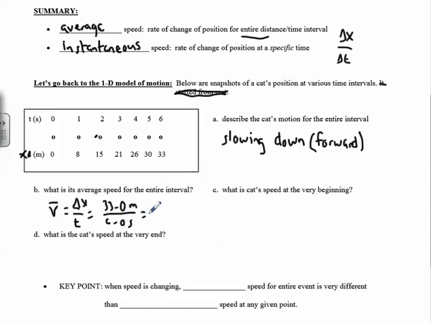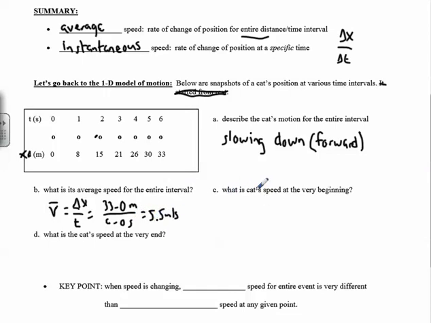So 33 divided by 6 is 5.5 meters per second. Pretty straightforward. In a sense, you're finding the slope of the entire event, even though you don't have a graph.